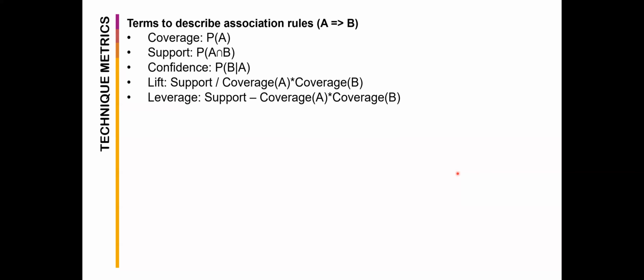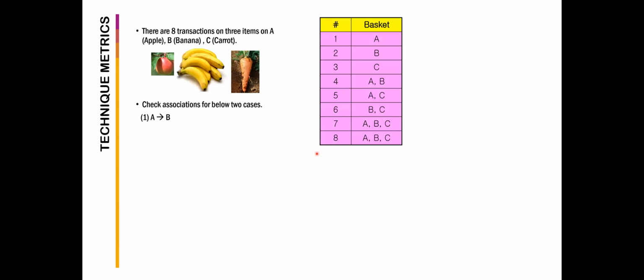So the baskets that have B given that these baskets have A. They also have a formula for support, lift and leverage, and I'll explain the formula or the interpretation later on. But to explain this further, let's proceed with a simple exercise.